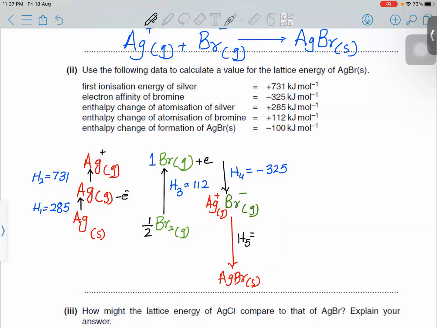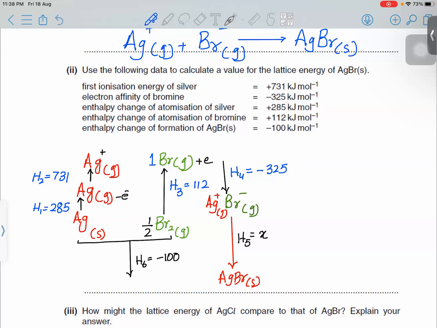So it's lattice energy, it's not given, so it's X. Yes. What is this? This is H6. So it's enthalpy of formation of AgBr. So it's minus 100. Now, can you tell me the formula used to calculate lattice energy here?